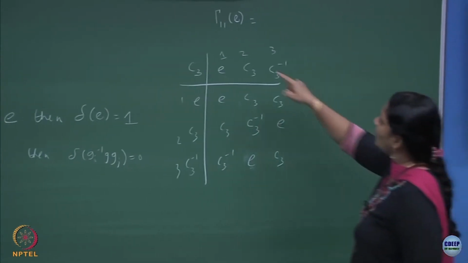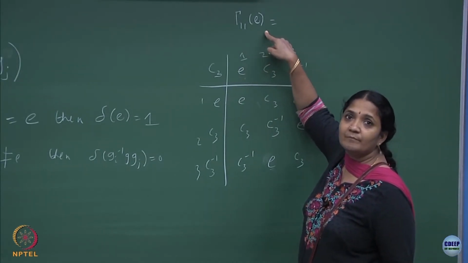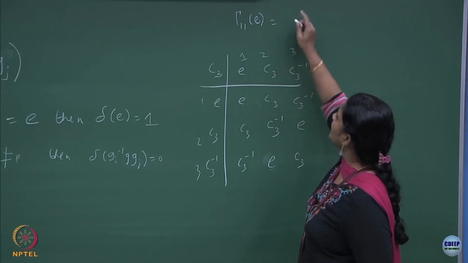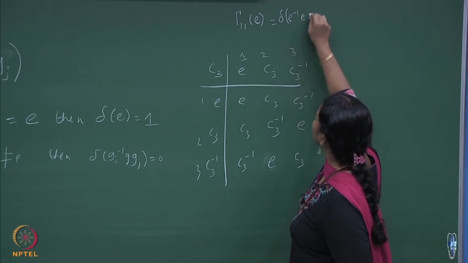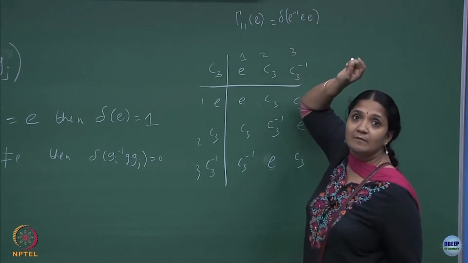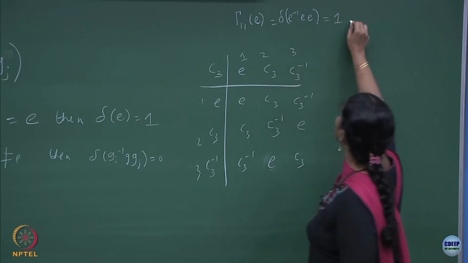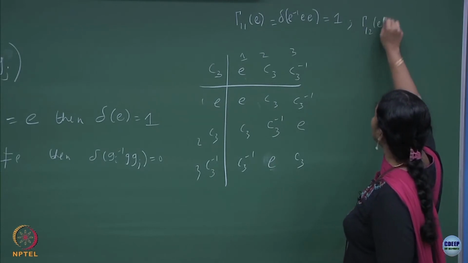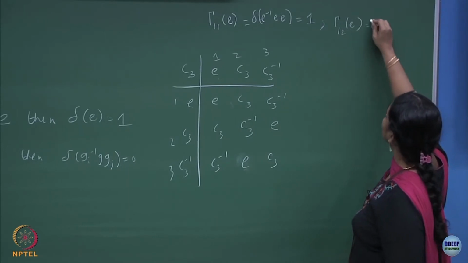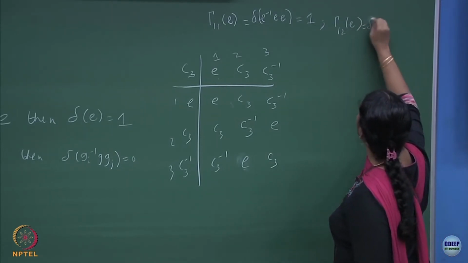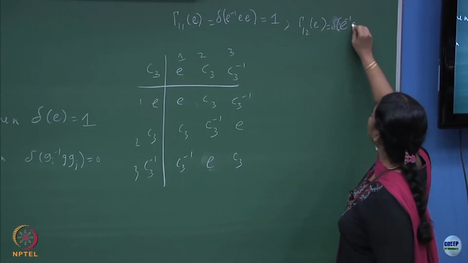So, I want to find the 11 element of a 3 cross 3 matrix for the identity element E. So, this is going to be just delta of E inverse E E, is that right? So, that is going to be 1. If you do gamma 12 of E, then it is delta of E inverse E C3.